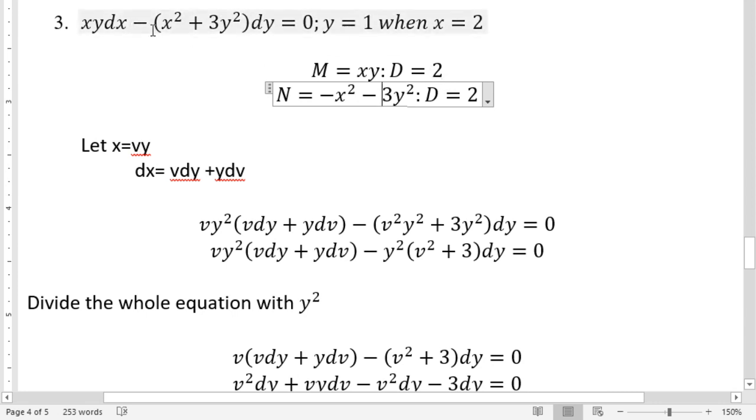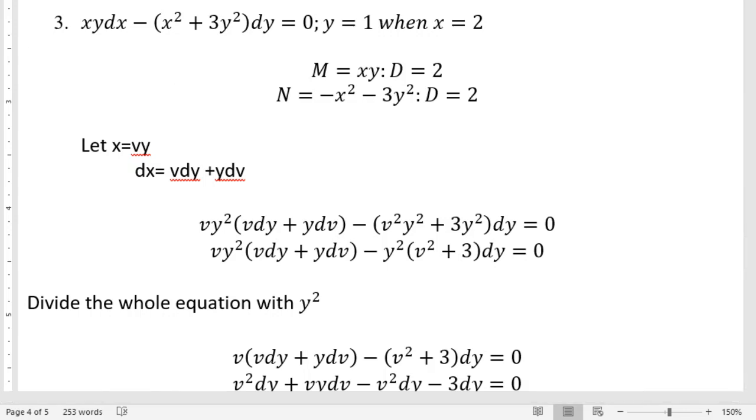So, pag-distribute, negative x squared minus 3y squared. Yun yung N natin. First term, the exponent of x is 2, so mayroon siyang degree of 2. Second term, 2 pa rin kasi yung exponent ni y is 2. So, ang degree nung N is 2. So, with this, parehas yung degree ni M at N, homogeneous equation siya.